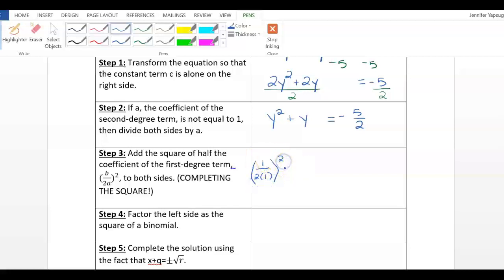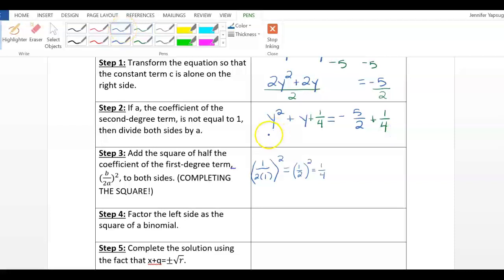We're going to square that. So that's going to give us 1/2 squared, which equals 1/4. So we're going to add this plus 1/4 to both sides of our equation.